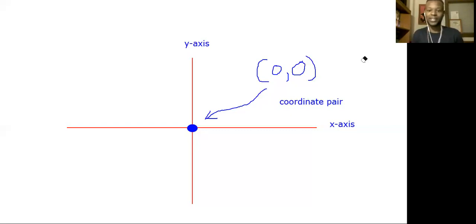We have the x-axis, which is the horizontal line going from left to right. And then we have the y-axis, which is the vertical line going north and south, up and down. In the center, we have the vertex, and in pre-calculus, the vertex of any angle is always going to be at the center origin of the Cartesian plane. At the center, we have the vertex, and its coordinate pair is 0, 0.